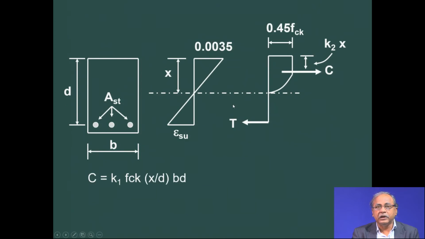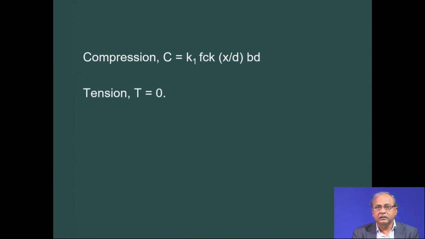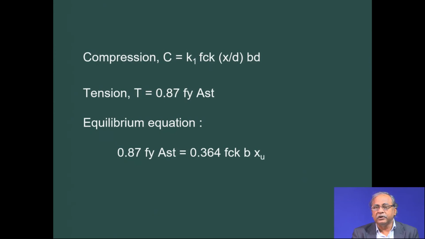So, C equals K1 fck (x by d) into b d, and tension T equals 0.87 fy Ast, since fy by 1.15 is nothing but 0.87 fy, into area of steel. So, the equilibrium equation is 0.87 fy Ast equal to 0.364 fck b x.